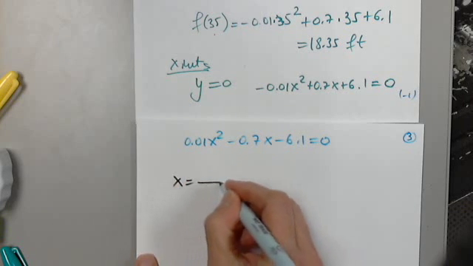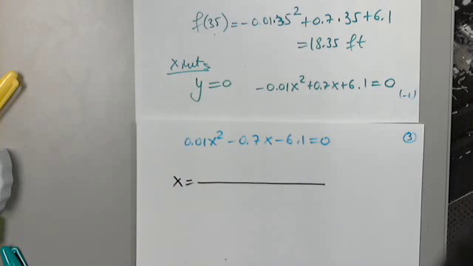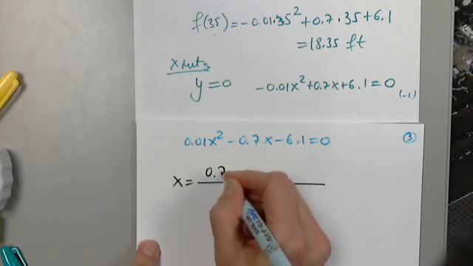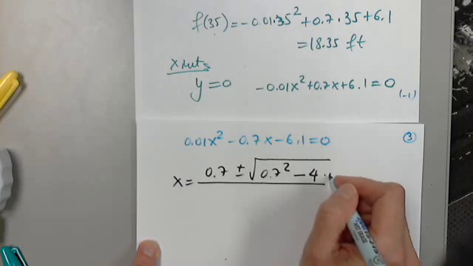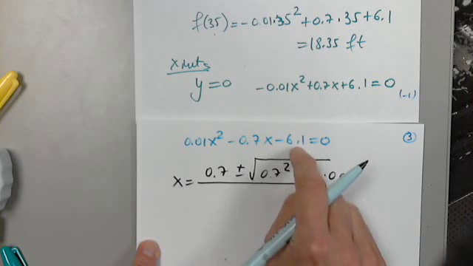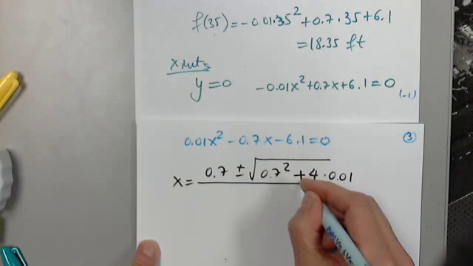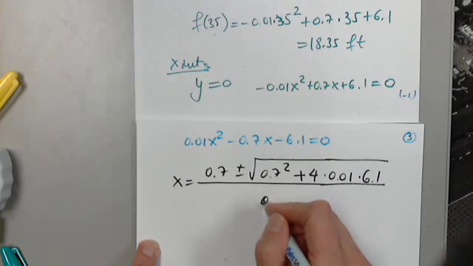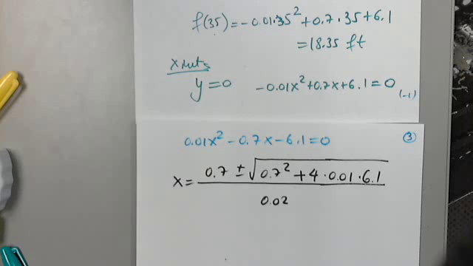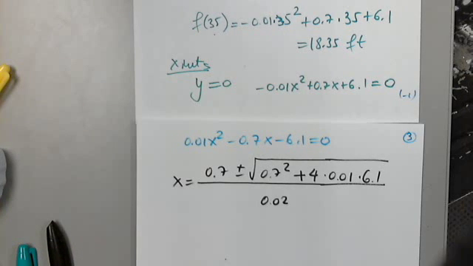So then x equals negative b, which is 0.7, plus or minus the square root of 0.7 squared minus 4 times 0.01. Since this is a negative number, I'm going to change this into positive and times 6.1, over 2a, just because I don't want to have too many parentheses. If I put it in the graphing calculator, who knows what I'm going to come up with. So I'd rather do that.